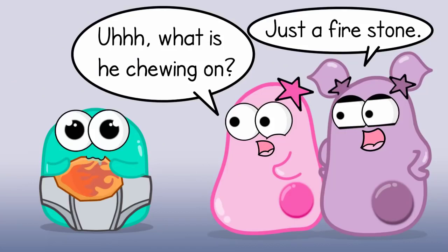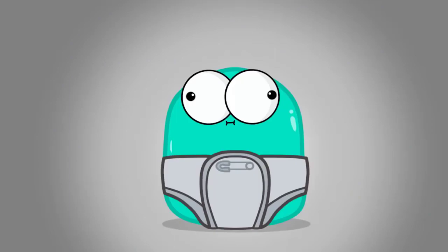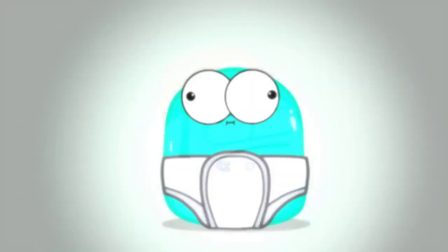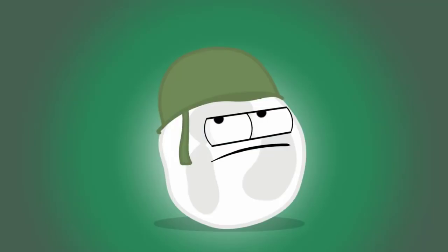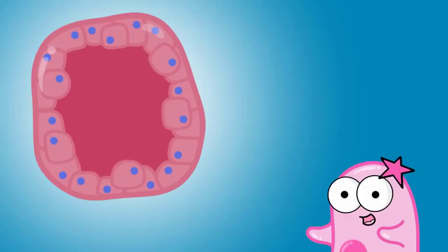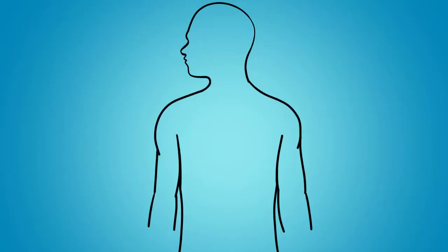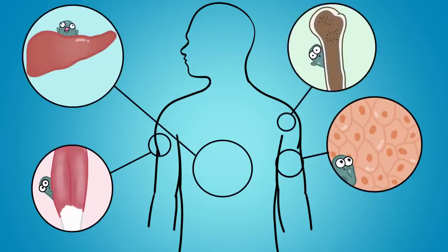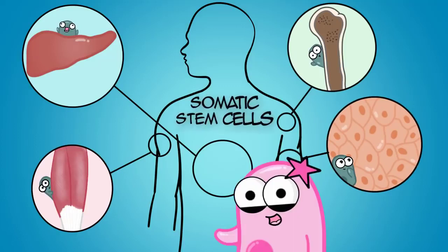in the next decade. So, stem cells are the unspecialized, undifferentiated cells that can become other cells in your body. But not all stem cells are found in a developing embryo. Stem cells can also be found in your body as well, like your muscles, skin, liver, bone marrow, just to name a few. These are often called somatic stem cells.